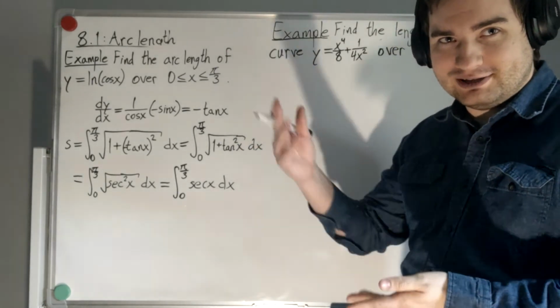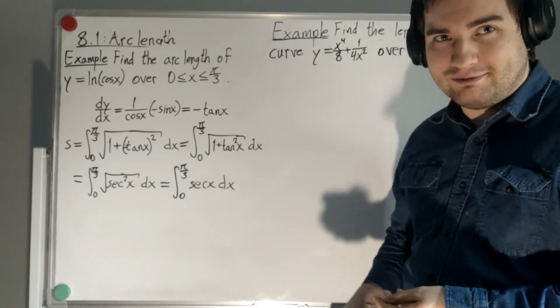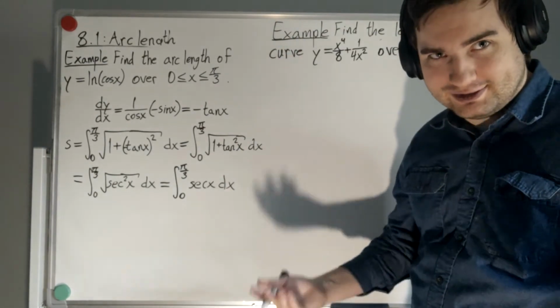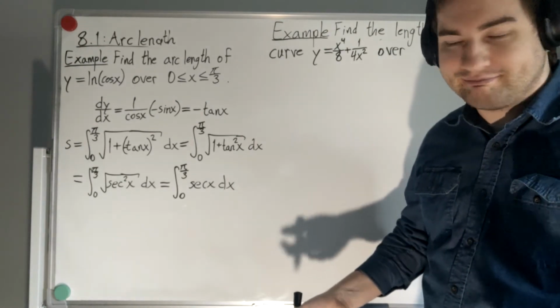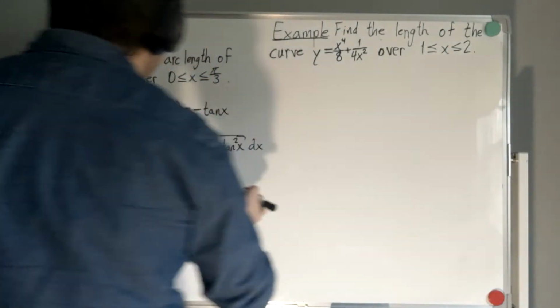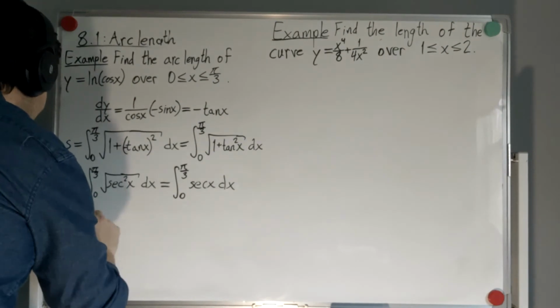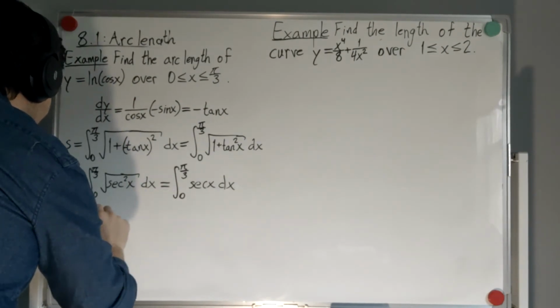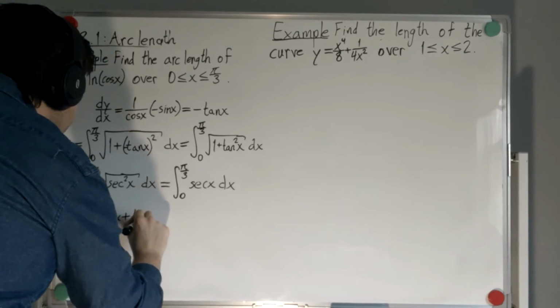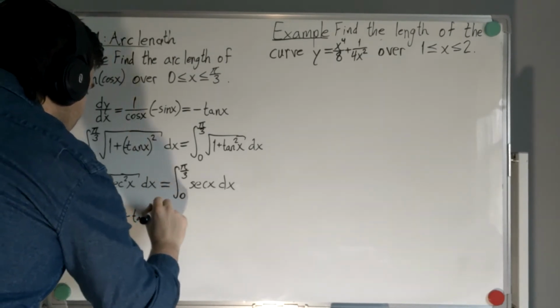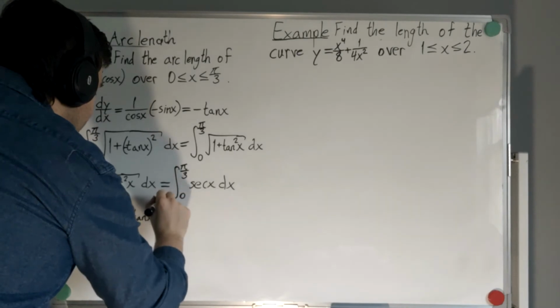Multiplying by secant x plus tangent x divided by itself, of course, is the same as multiplying by 1, which does nothing. You distribute that through, and then you can do a u substitution on that. In any case, what this eventually turned out to be was the natural log of the absolute value of secant x plus tangent x, evaluated from 0 up to pi over 3.